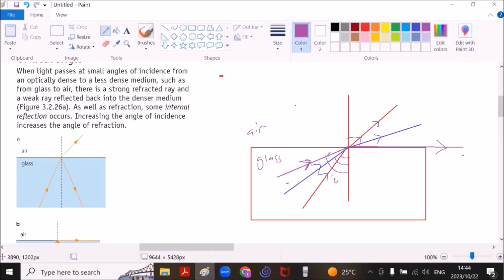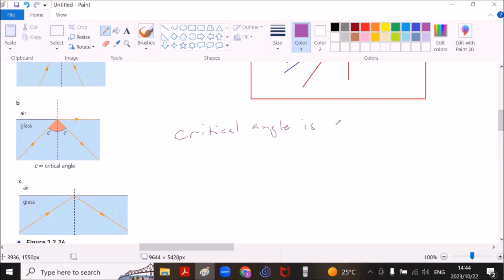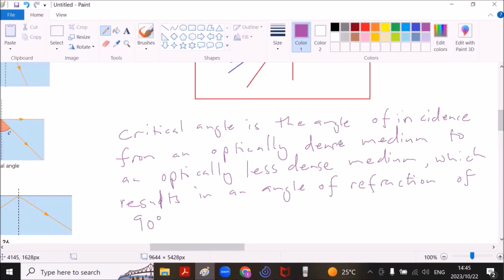Now, such an angle of incidence is called the critical angle. Okay, so we can define the critical angle as the angle of incidence from an optically dense medium to an optically less dense medium, which results in an angle of refraction of 90 degrees.